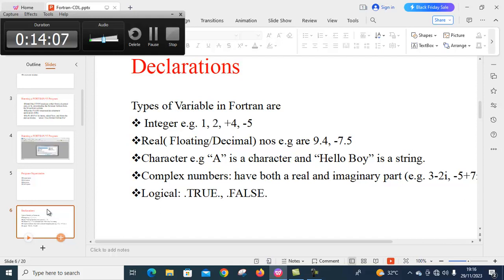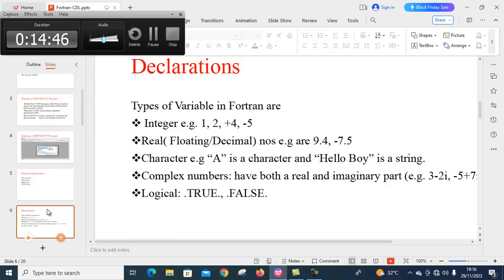Real numbers are the decimal numbers, or fraction numbers, or floating numbers. Examples are 9.4, minus 7.5. Another one is character. Example, B, A, C. A is a character, B is a character. And hello boy is a string. We'll get to know much about that one later.